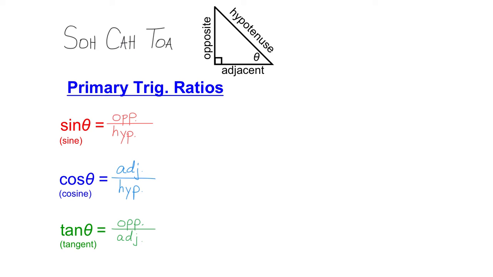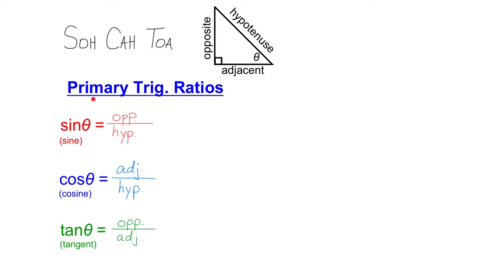So this is just to remind you about the sine, cosine, and tangent ratios that you learned about in grade 10. So if you have the actual numbers in your drawings of your triangles, you can figure out which ratio to use, sine, cos, or tan, in order to solve your problem.